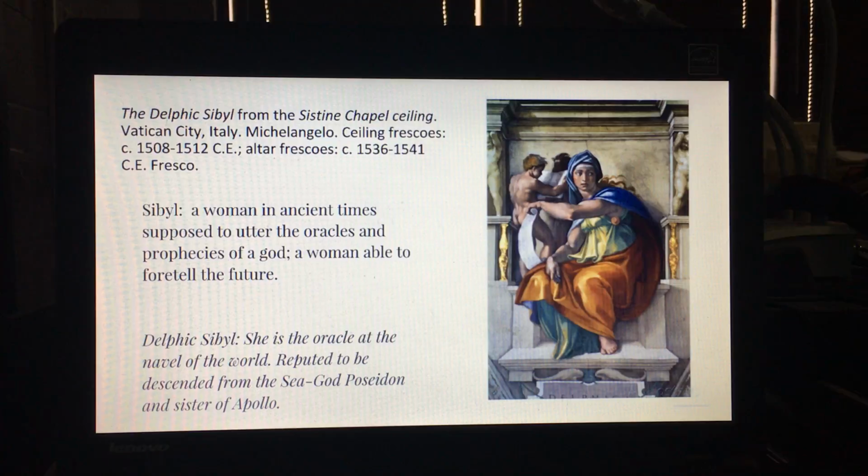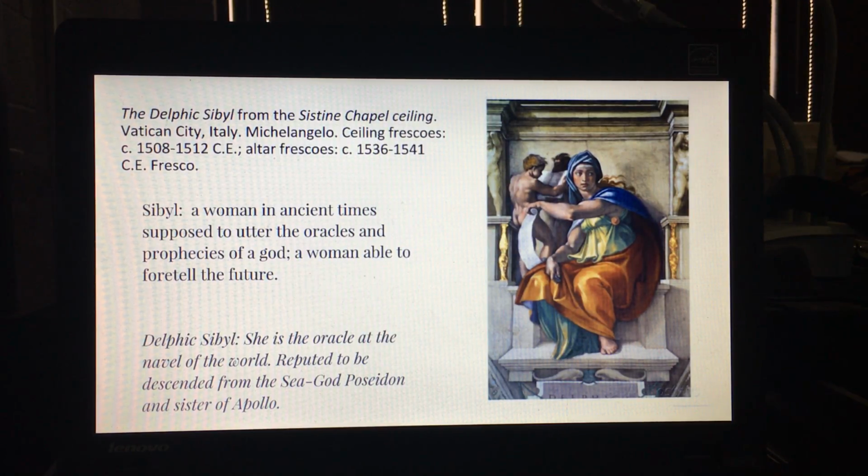But the idea here was that even in pre-Christian times, even in pagan areas, not the Israelites, not the chosen people, right? You have messengers that indicate that Christ will be coming.